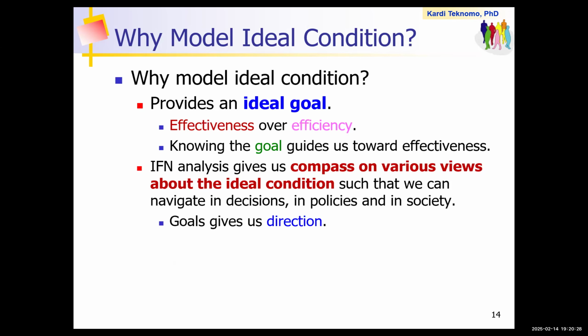So if you know the IFN analysis, then you get a compass on various views about the actual ideal condition. With that, you can navigate your decision and your policy in the society toward that direction. That's why the name is ideal flow network.